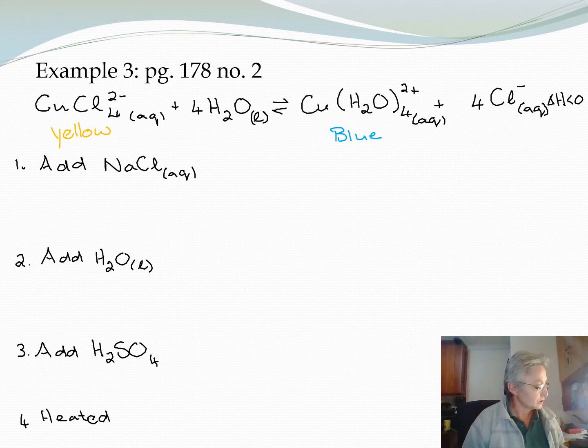Okay, so the following experiments are carried out, and we have to say what the effect is on the changes in concentration and use Le Chatelier's principle to explain the color change that will occur.